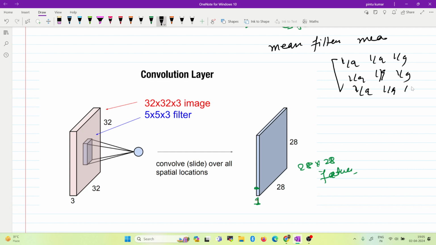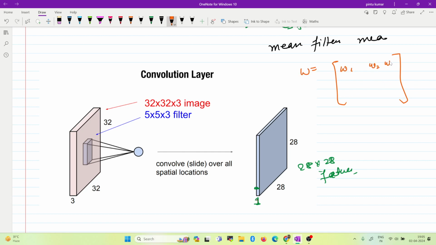But what changes in your neural network based filters is that you don't know the values of the entries of your matrix W. This is just some W1, W2, W3, W4, W5, W6, W7, W8, W9.